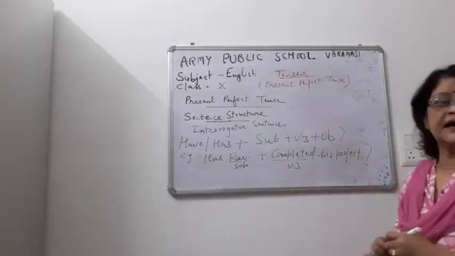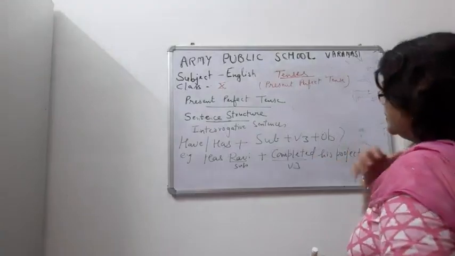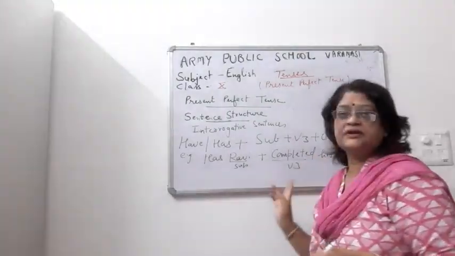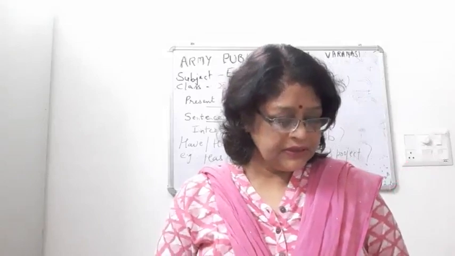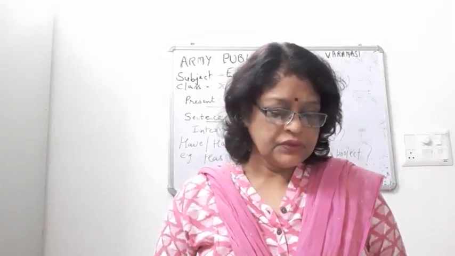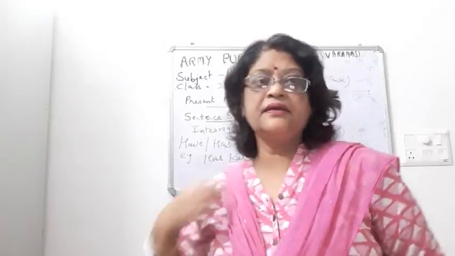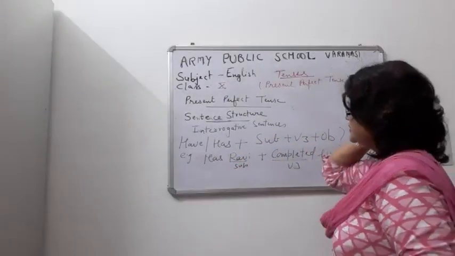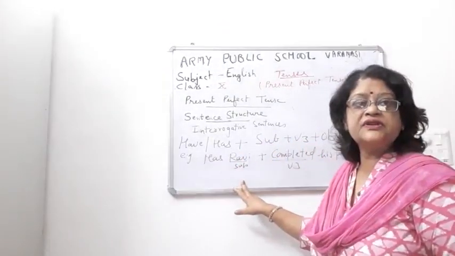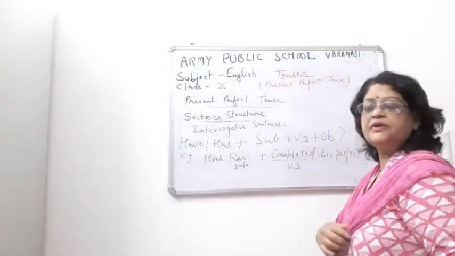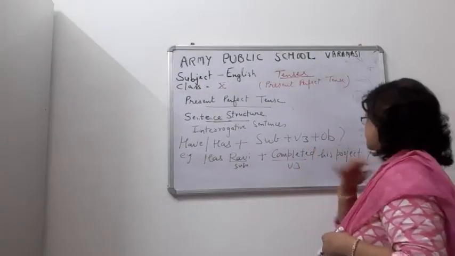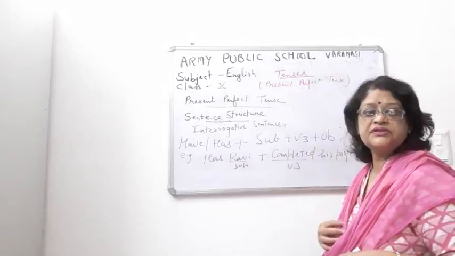Okay, you can see, has Ravi completed his project. So children, you can see here I am using has. Ravi is the third person singular, that's why I have used has here. The third form of the verb is completed, and his project is the object here.